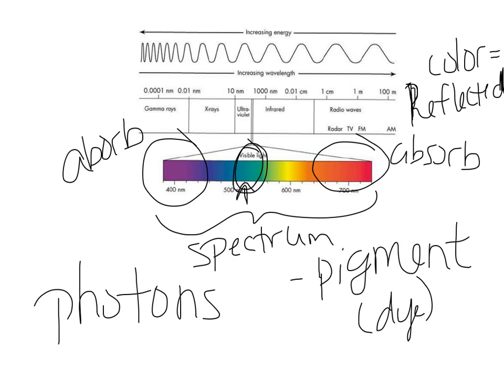That's actually the light they absorb, and the plant is going to end up using the light energy that it absorbs. We see what is reflected. What is absorbed by the pigment in the case of photosynthesis is what is actually going to be used.